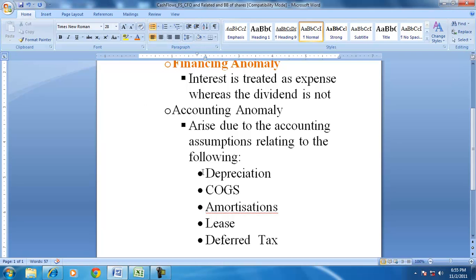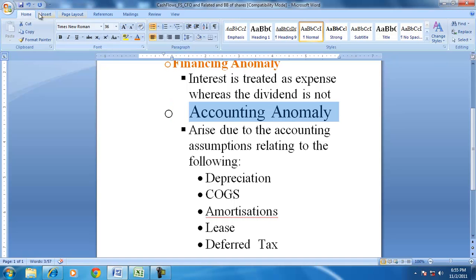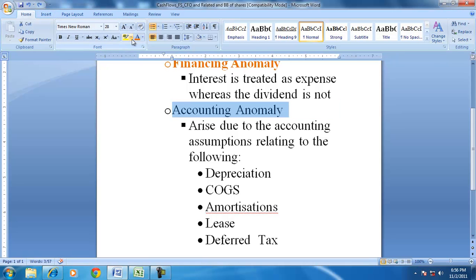So while preparing the financial statements for the shareholders, when you are guided by the generally accepted accounting principles, it gives certain flexibility with respect to the treatment of depreciation, COGS, amortizations, lease and deferred taxes.